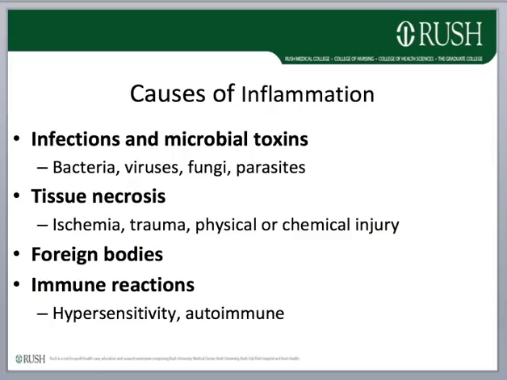Immune reactions, also called hypersensitivity, are reactions in which the normally protective immune system damages the individual's own tissues. The injurious immune responses may be directed against self-antigens, causing autoimmune diseases, or may be inappropriate reactions against environmental substances.